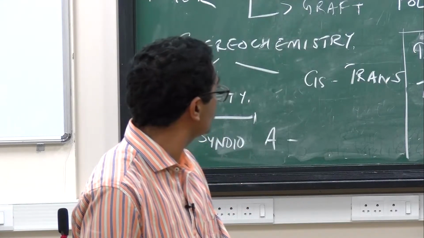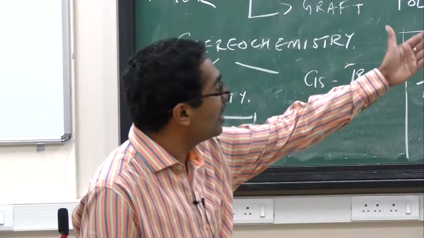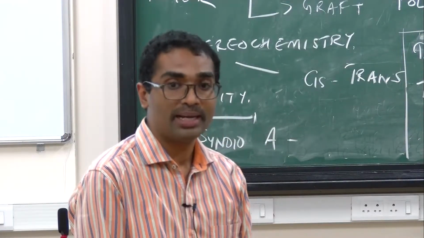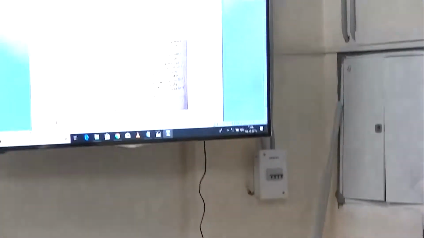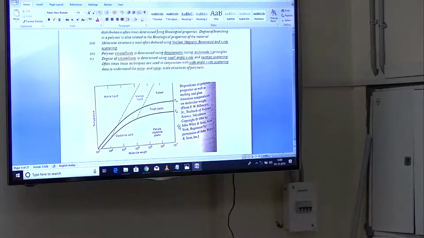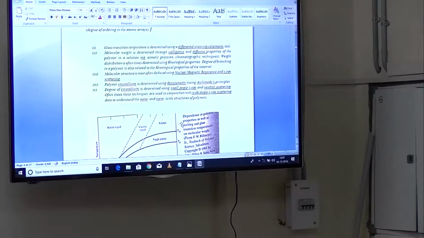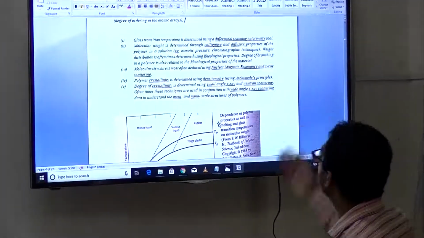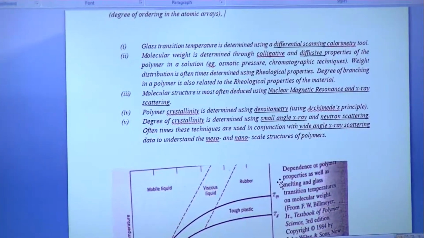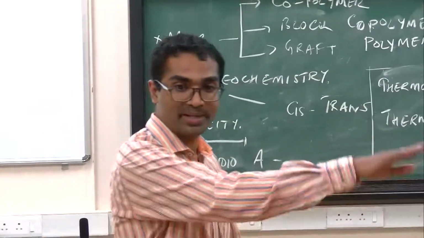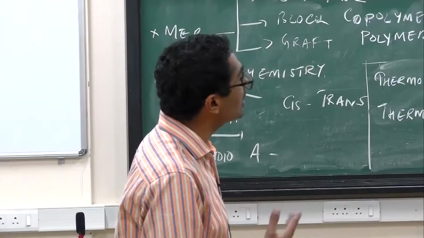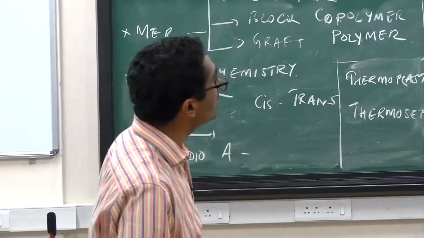And over and above that, we looked at a spectrum of experimental techniques you could use to study various properties of polymers. For instance, if you had to study the molecular weight, you could study it by using colligative or diffusive properties. That is a transport property essentially. Makes sense because weight does influence the transport, and glass transition temperatures can be studied by using these techniques.